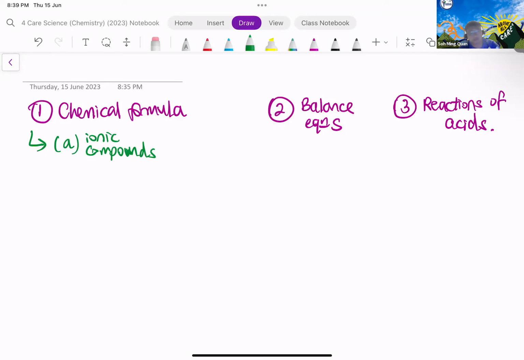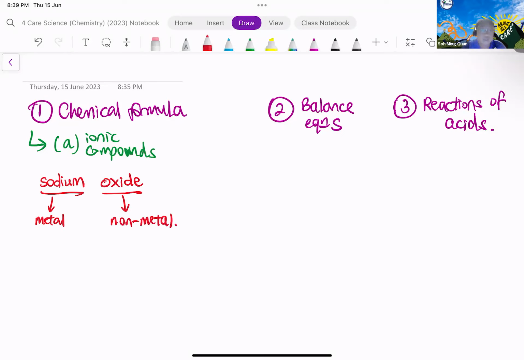Take, for example, if I were to tell you, you should write the formula of sodium oxide. So this is a compound, but how do I know it has ionic bonding? I know it has ionic bonding because sodium is a metal. Oxide comes from oxygen. Oxygen is a non-metal element.